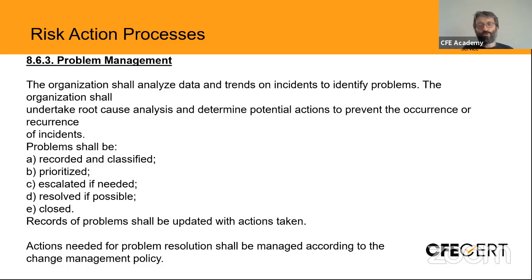So a problem, you have to handle in two different information types, but in three different ways. The first information you are going to handle the problem with is your workaround. You can create a temporary solution.